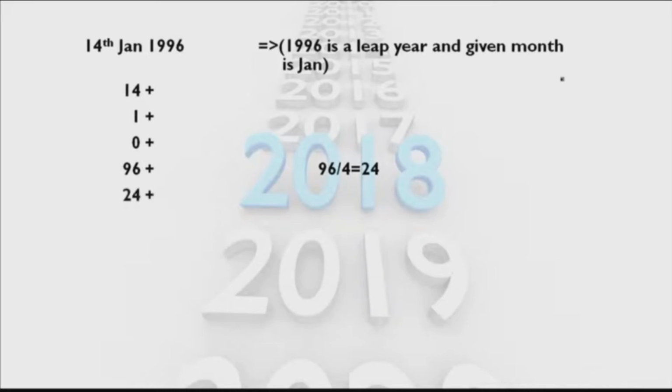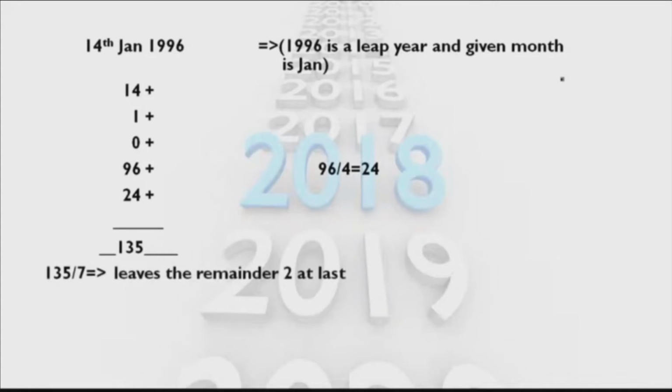I write it. Now when I add this up, I get the answer to be 135. So 135 by 7 will give me the remainder 2. 2 stands for Monday, but the month given is January and the year is also a leap year, so it will be 2 minus 1, which is nothing but Sunday.